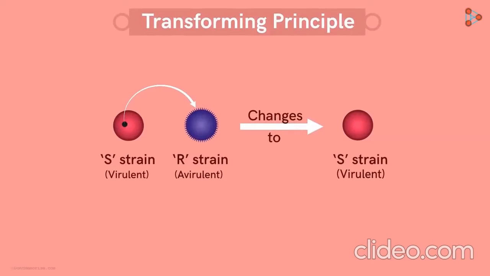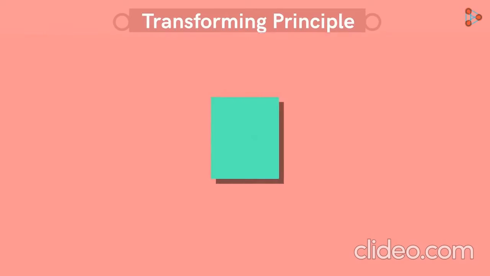He named the transforming factor the transforming principle. He did not really know what exactly this was and hence named it just the transforming principle. But he predicted that this could be the genetic material. Was this really the genetic material or was it something else? Let's find it out in the next part.